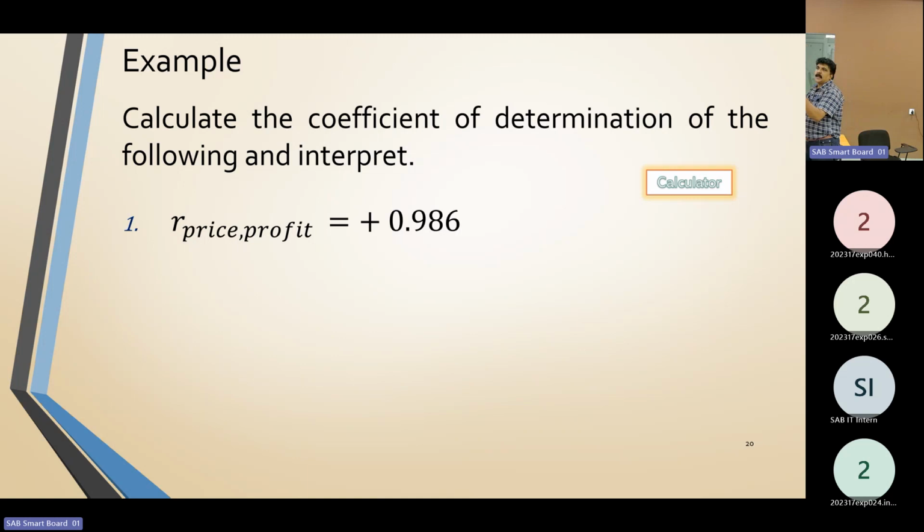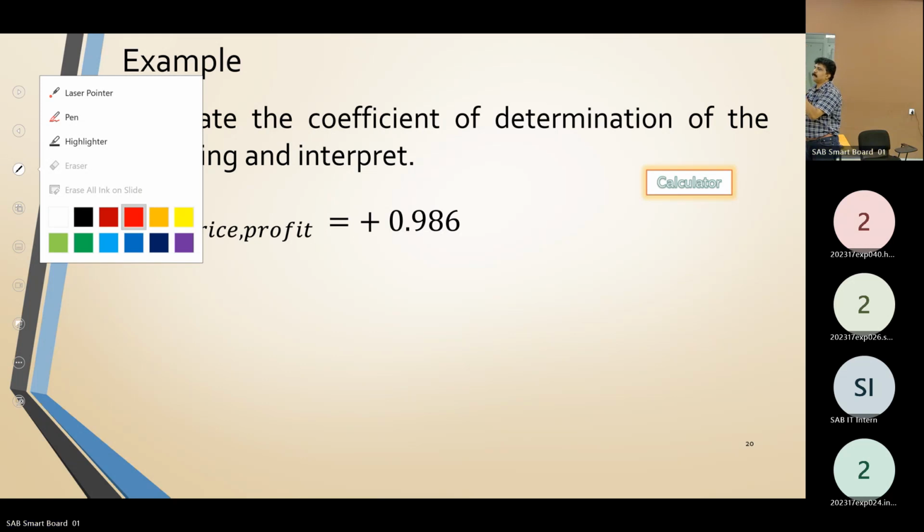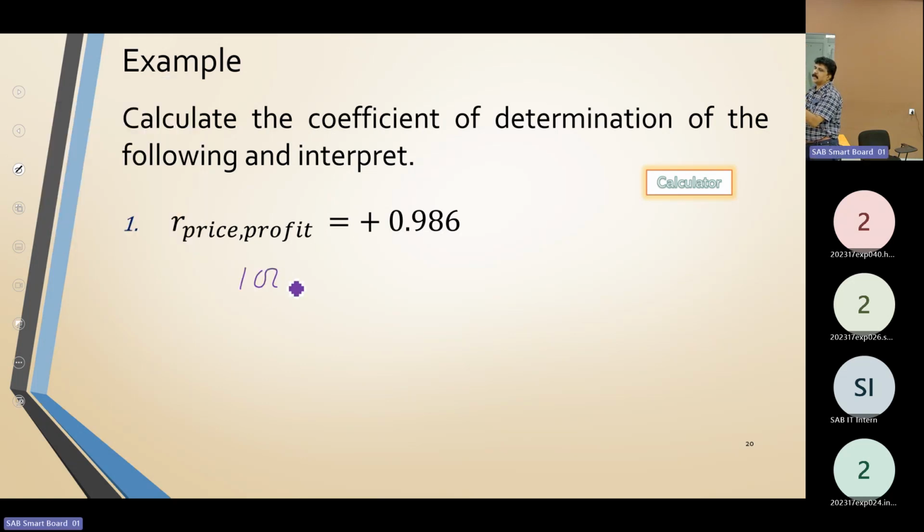Since this value is known, we can easily calculate 100 R squared. So 100 into plus 0.986 squared.